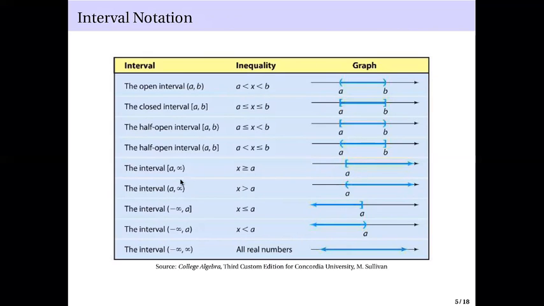Now, here you see x greater than or equal to A, which is [A, ∞). We have the square bracket at A, and then the blue ray pointing towards the right.